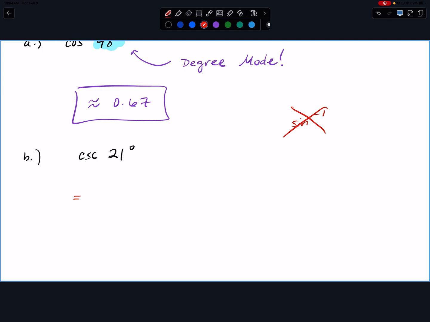This is the same thing as 1 over the sine of 21 degrees. Do you guys agree? So I would use your fraction button, alpha x, and then type it in just like I wrote on the screen.